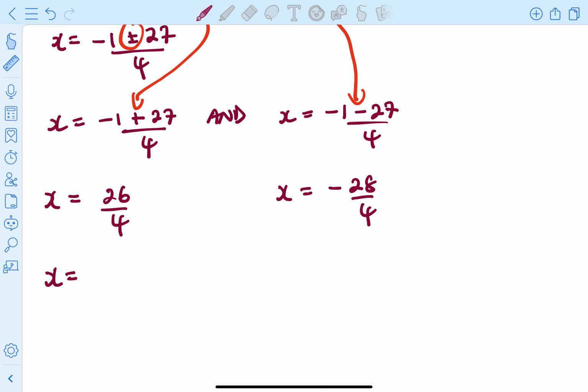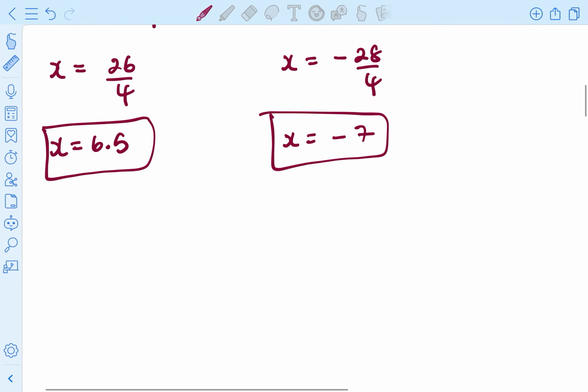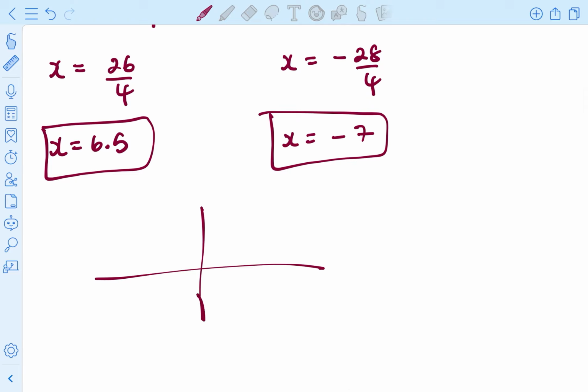So x will be equal to 6.5, and x will be equal to -7. These are our two solutions. Just to show you something here, if I were to sketch this parabola, at -7 and at 6.5, our parabola is going through these points on our x-axis. Just something to point out.